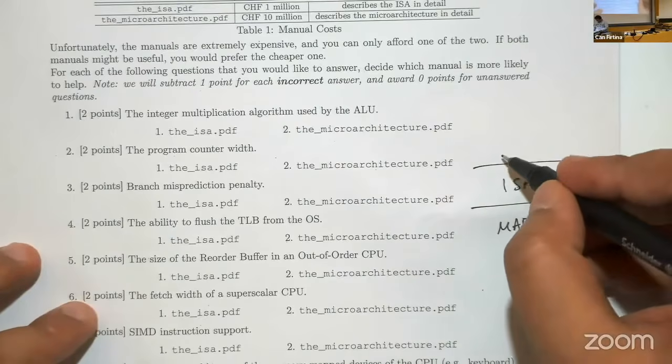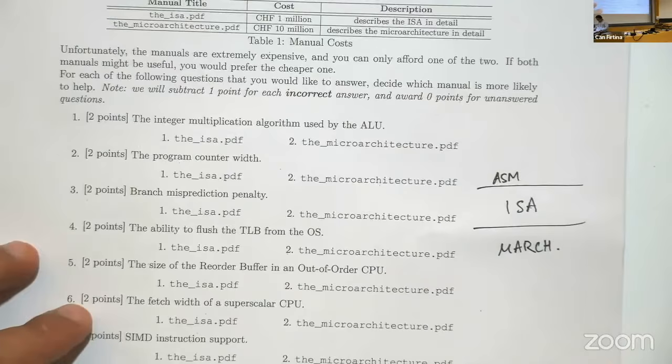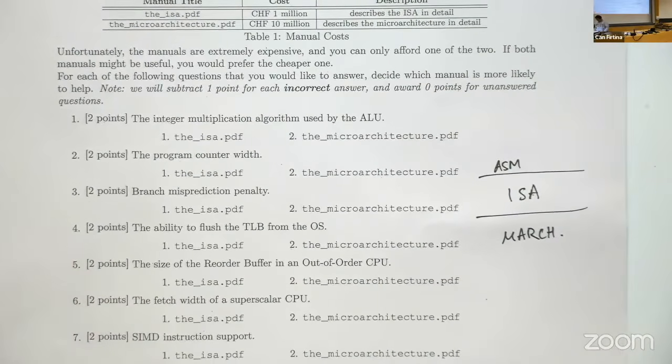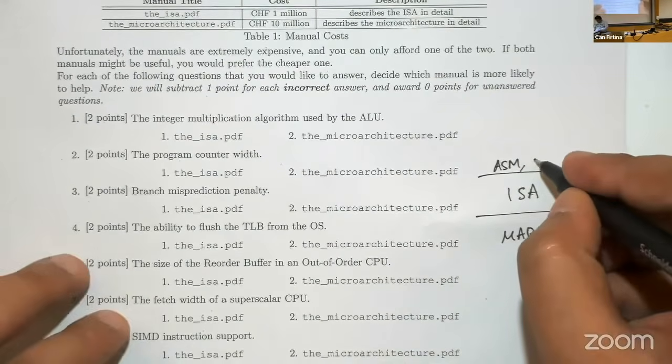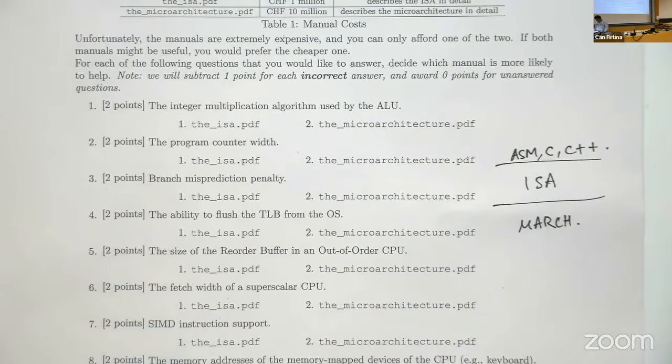Languages like assembly or higher level languages, C++ and so on, will use the instruction set architecture to basically do the program. So let's look at each of these questions.